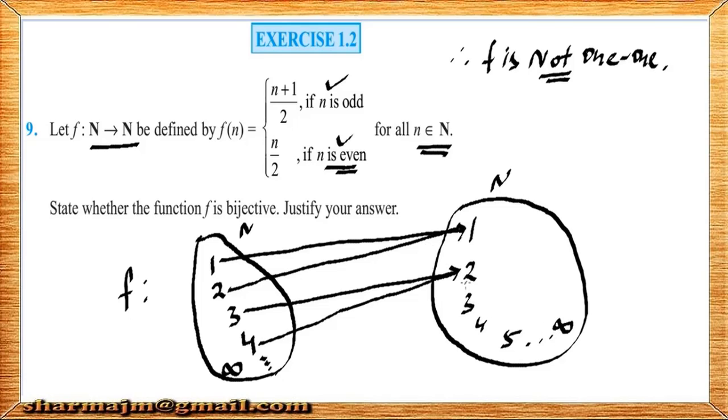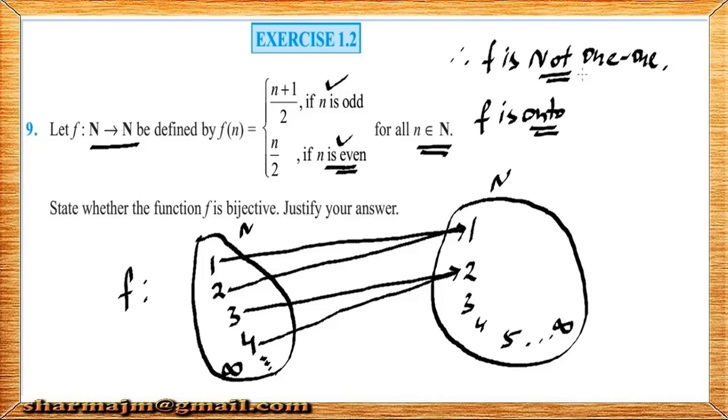Okay, pre-images are not unique, but every element of codomain is having their pre-image. So this function is onto. Also, range set is set of natural numbers which is equal to codomain. Therefore, also this function is onto.